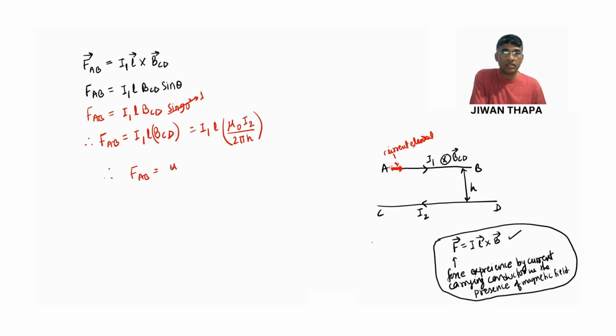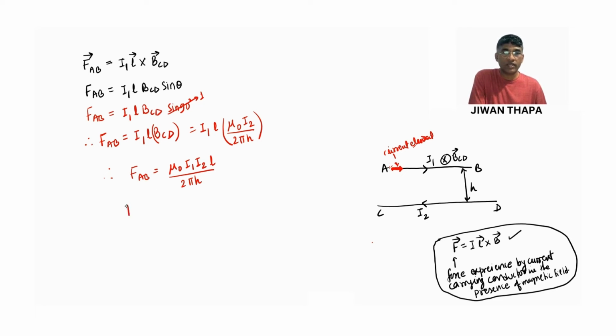F_AB equals mu naught I1 I2 by twice pi H, and we have L, that is length of wire AB. Now we are asked to find force per unit length.